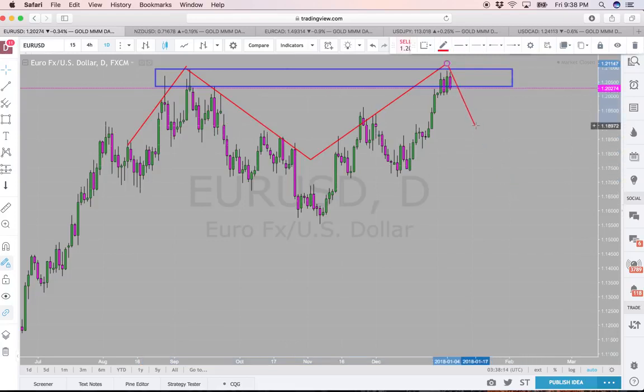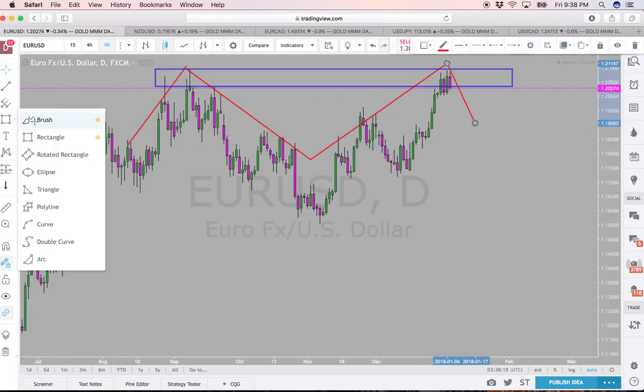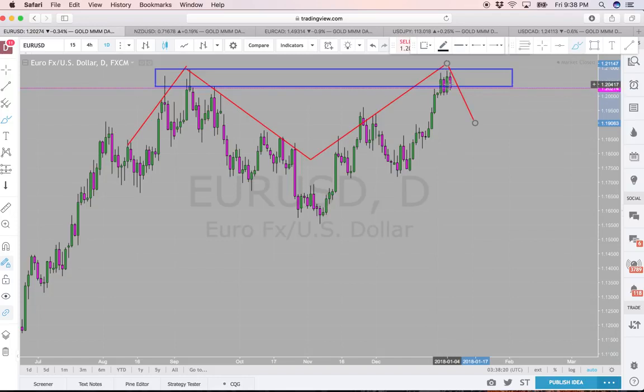Now, we may see Euro USD come back off of this high, which it looks like it's going to do, and come down, but we also have a wedge formation here which may actually break out to the upside.